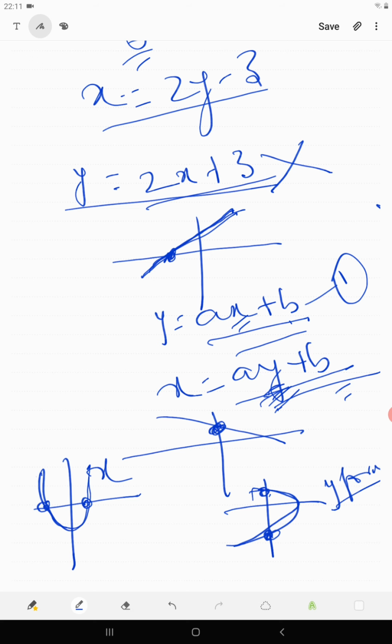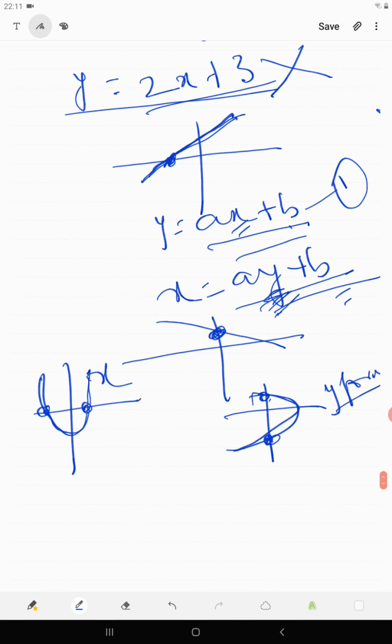We will see it later on. This one is cutting at 2 points, so there are 2 zeros for it. Similarly, this is of y form, this is of x form, and this is of y form. In both cases you are seeing it is touching at 2 points. Now let's understand one more thing.